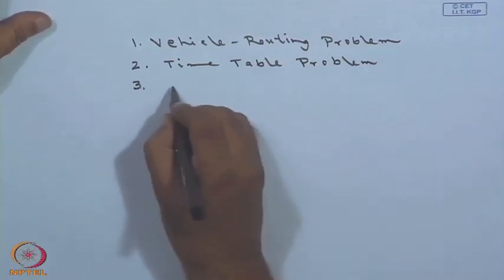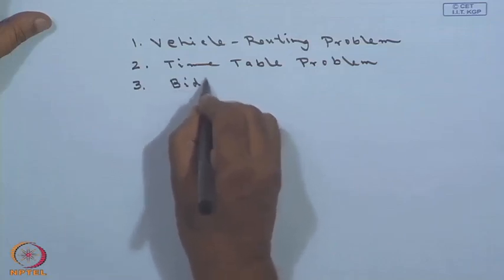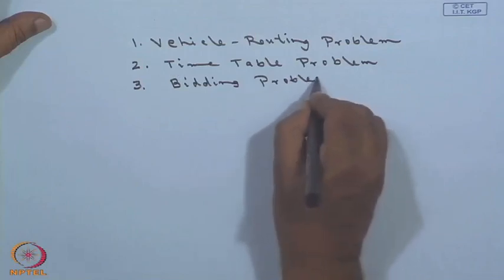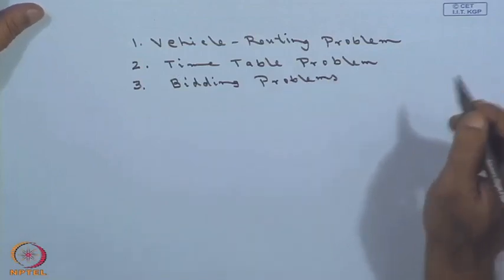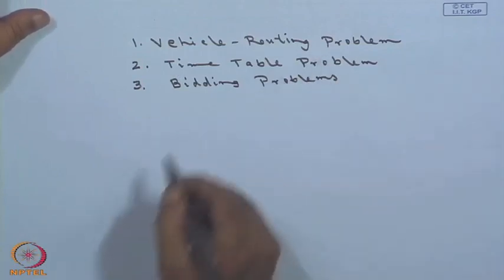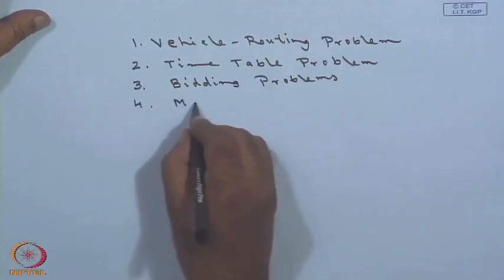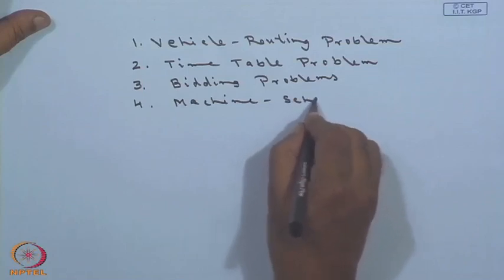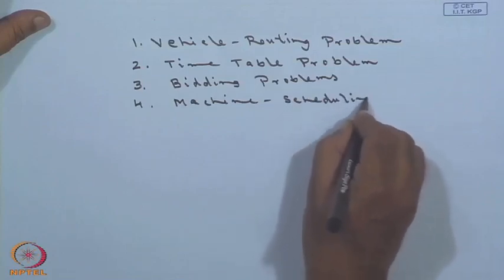The bidding problem, that is, so many bidders as contractors have bid for a particular work or more than one work, so which work should be assigned to which worker. The machine scheduling problem, where you have to schedule the machines so that the cost is optimum.